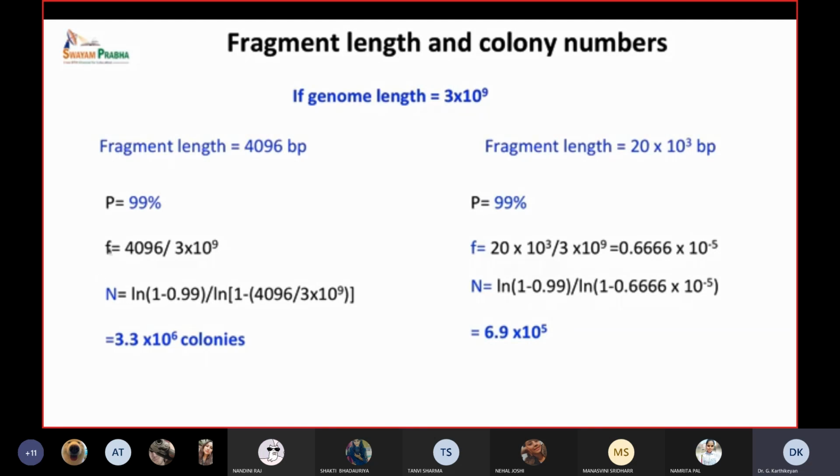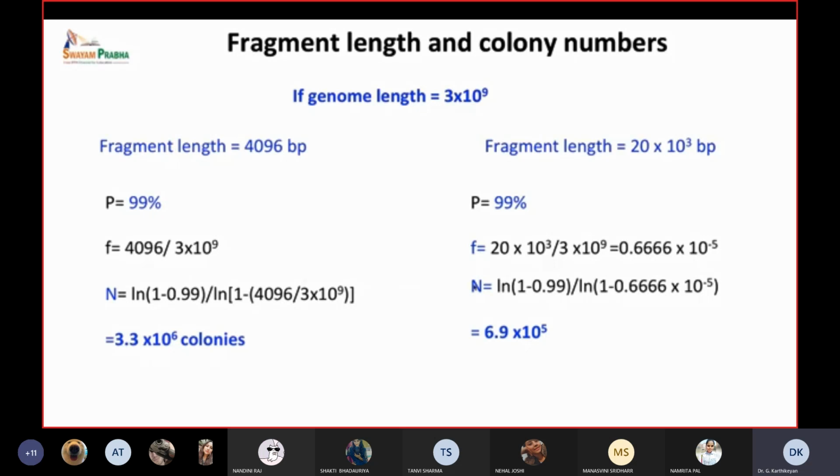The fractional length will be, in this case, 4096 divided by the genome length, 3 into 10 power of 9. In the other case, the fragment length is 20,000, so f will be 20 into 10 power of 3 divided by 3 into 10 power of 9, which is 0.6666 into 10 power of minus 5. Now you put these values in the formula: N is equal to natural log of 1 minus P divided by natural log of 1 minus f.